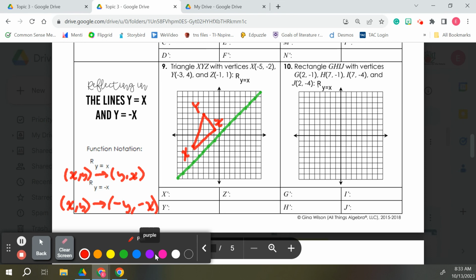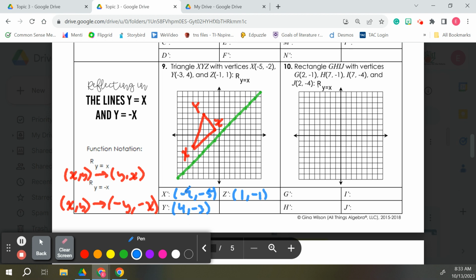And now I'm just going to apply the rule to get my points. Okay, so this just says when it's a positive slope, just the y's and the x's flip. So for X prime, we're going to have -2 comma -5. For Y prime, we're going to have 4 comma -3. And for Z prime, we're going to have 1 comma -1. And then I'm just going to plot these points.